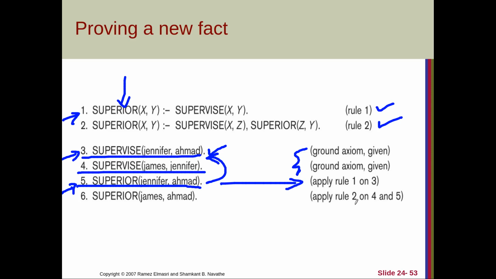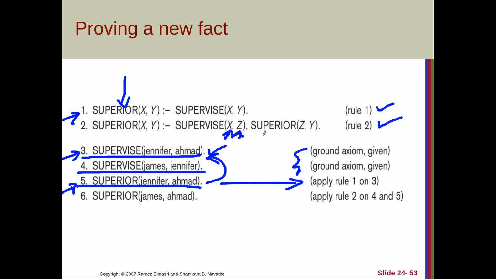Here, by applying rule 1 on 3, we are getting this statement. Then apply rule 2 on 4 and 5: James supervises Jennifer, and also Jennifer is superior of Ahmad. Here James, and here Jennifer.